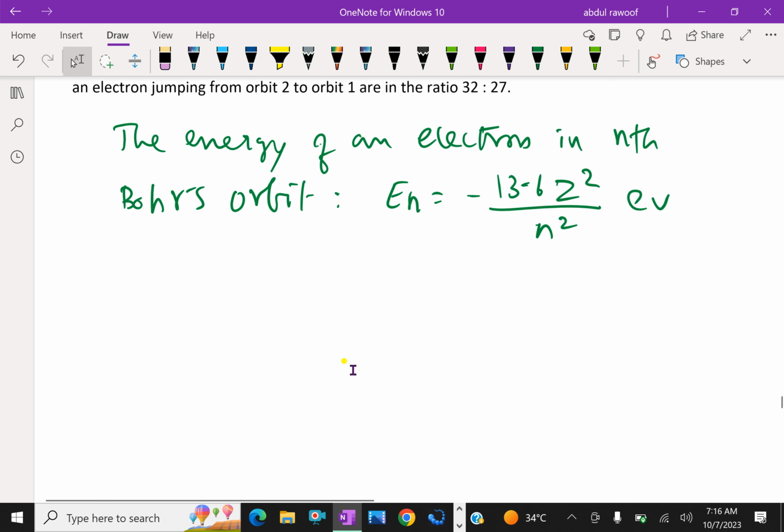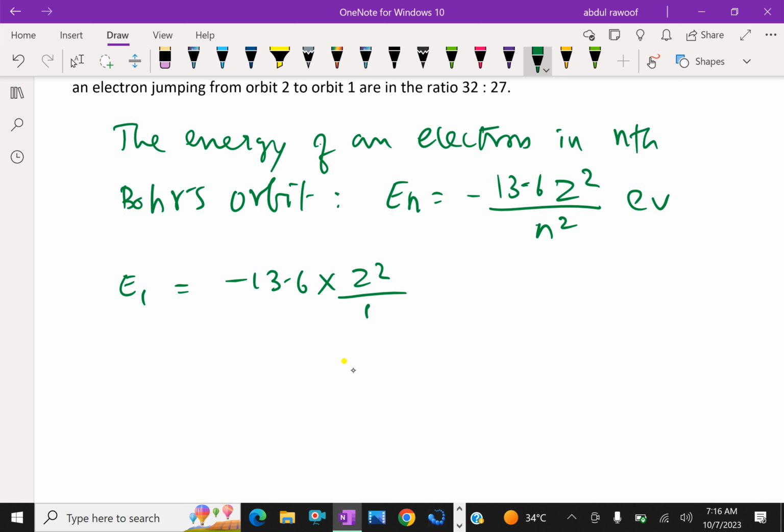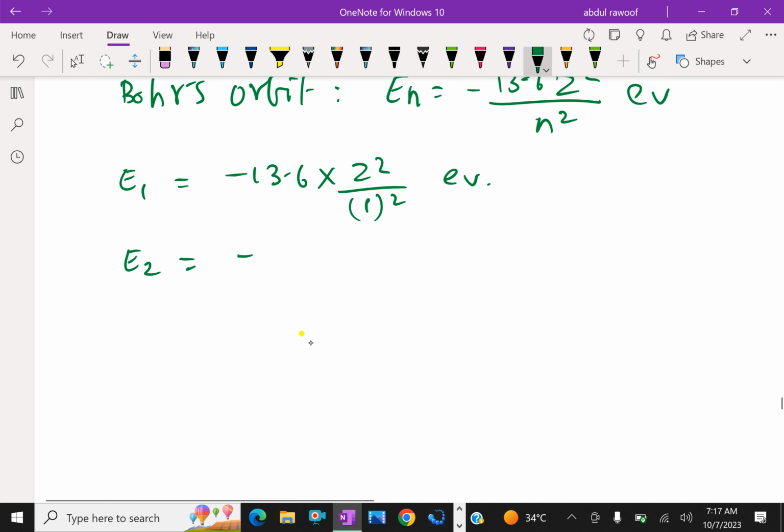Now first E1, first orbit, E1 equal minus 13.6 into z square over n square, n is 1, electron volt. n equal to 2, that is second orbit, energy is minus 13.6 z square over 2 square electron volt.